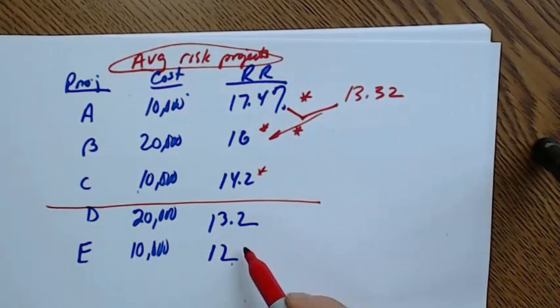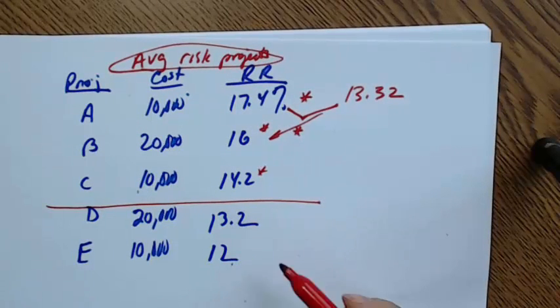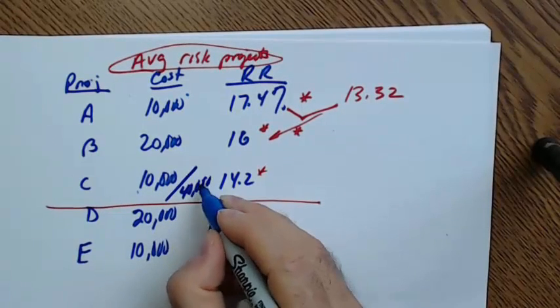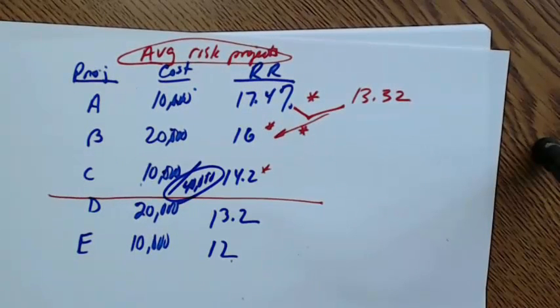E didn't make it either. They're not making high enough rates of return. And so now the question is, okay, we did that, and we have $40,000 worth of projects to invest in.